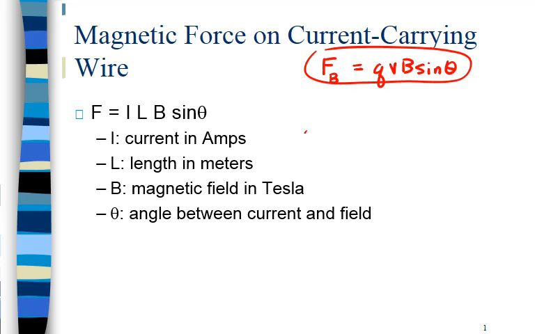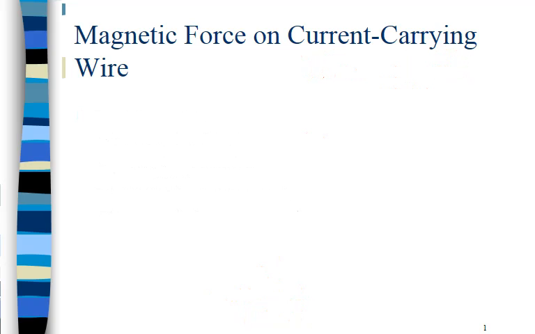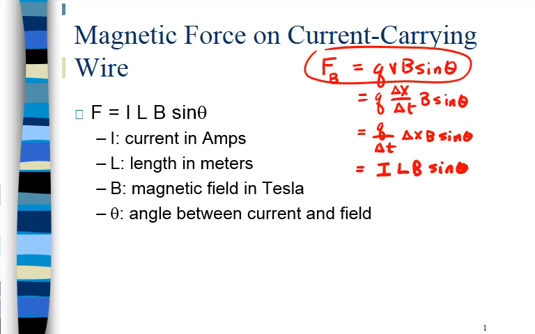You have a certain amount of charges, and they have a certain velocity, right? And if you multiply that velocity times a period of time, you're going to have a certain length x. Really V is just a displacement over time.